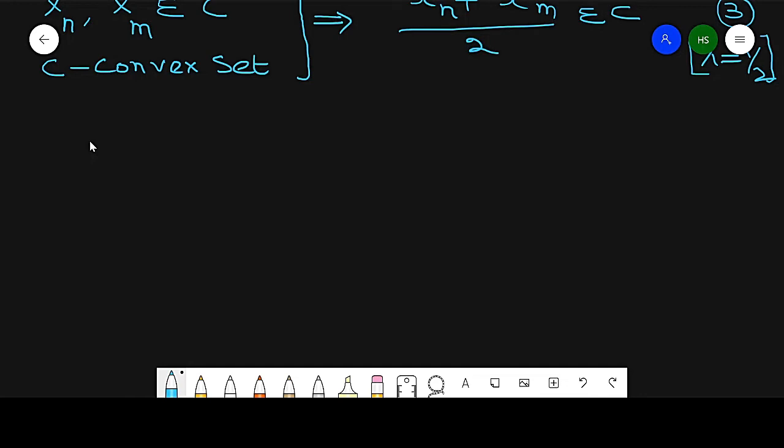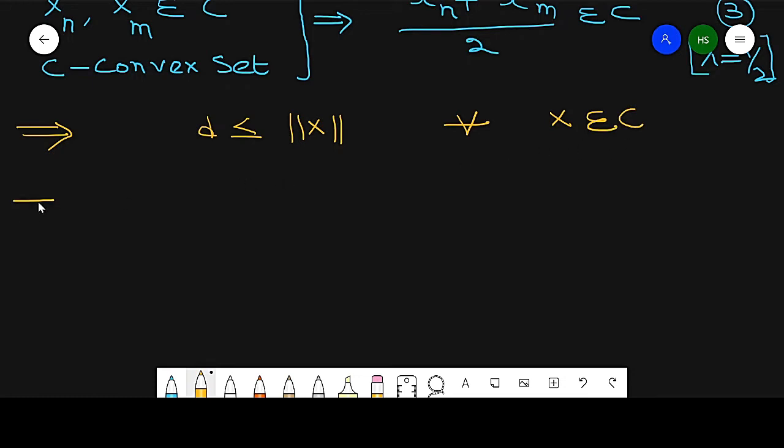Now go to the definition of D. By D, we know that D is the infimum. So D is always less than or equal to the norm of x for every x belonging to C. It means all the members of C satisfy this condition.